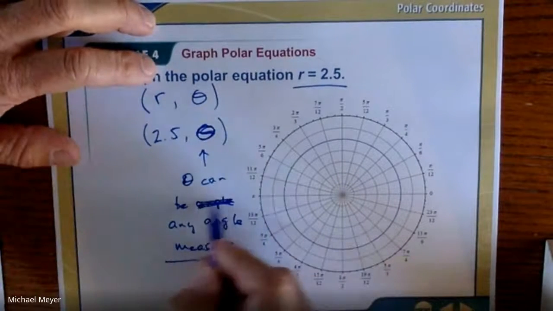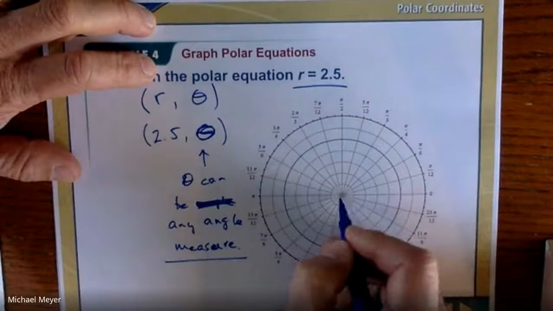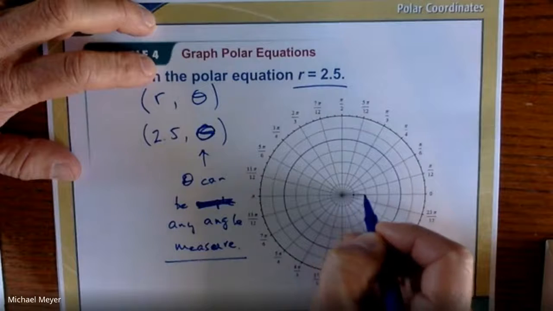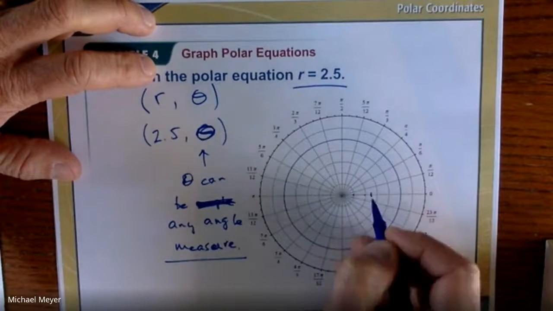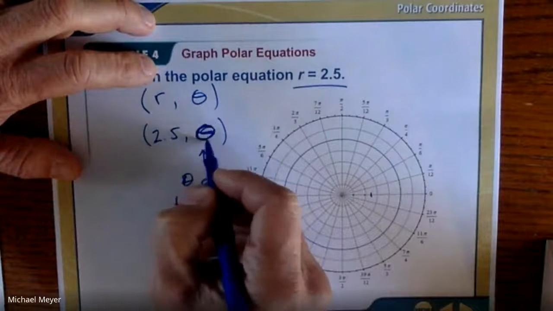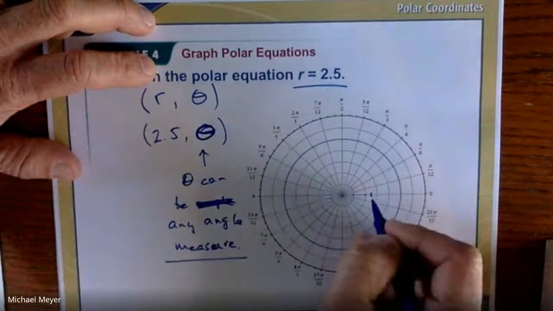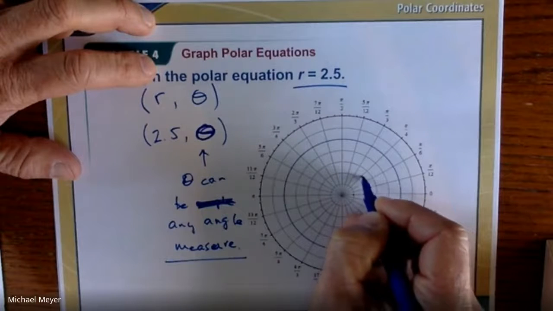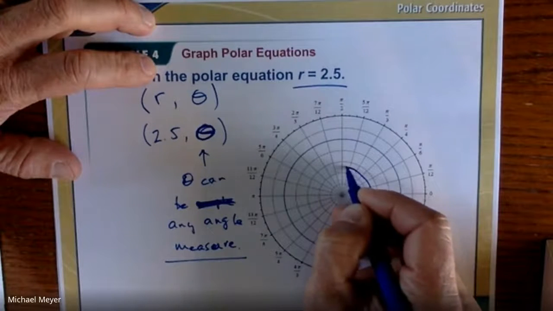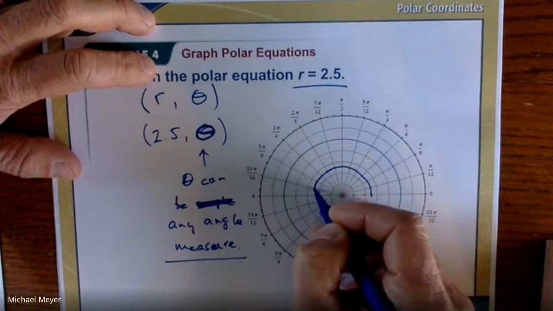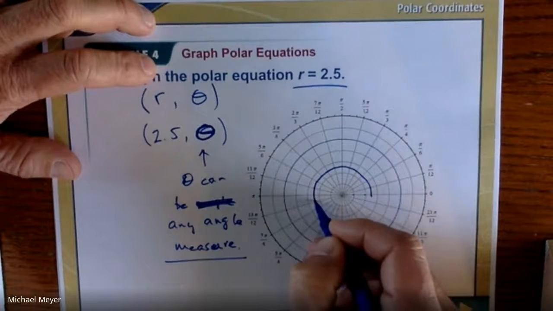Well, if we interpret it that way, let's see what would happen. So I will go ahead and count out my radius of 1, 2.5. So there's my radius at 2.5, but my angle theta can be any angle at all. So my angle theta can be pi over 12, pi over 6, pi over 4, going to pi over 2 even, 3 pi over 4, 11 pi over 12, 13 pi over 12.